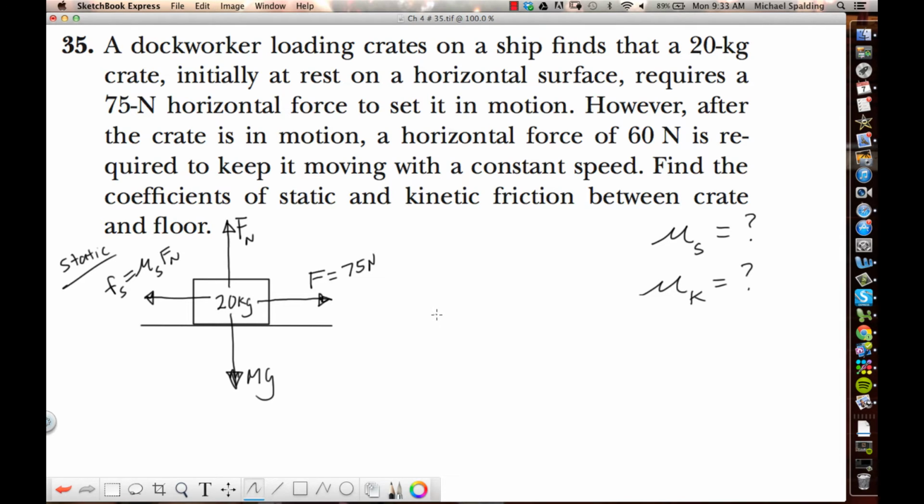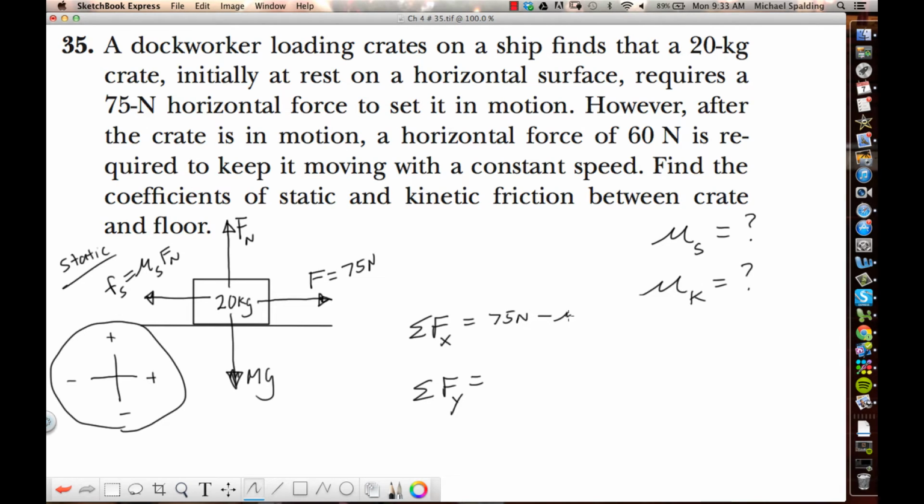So now we sum the forces. We sum the forces in x, we sum the forces in y. Make sure you pay attention to sign convention, plus, minus. What are the forces in the x direction? We have 75 newtons minus mu static times normal force. What is the sum of the forces always equal? ma. Is there an acceleration here?